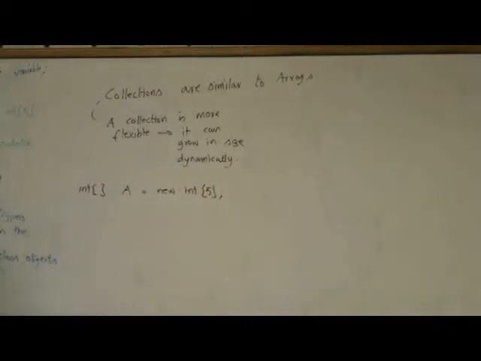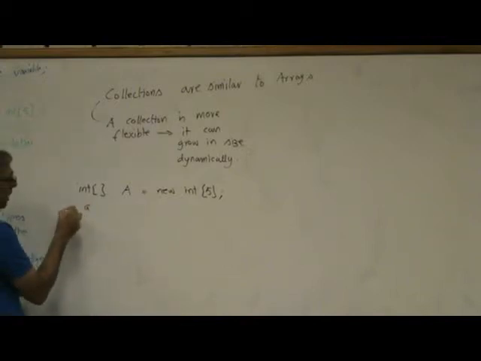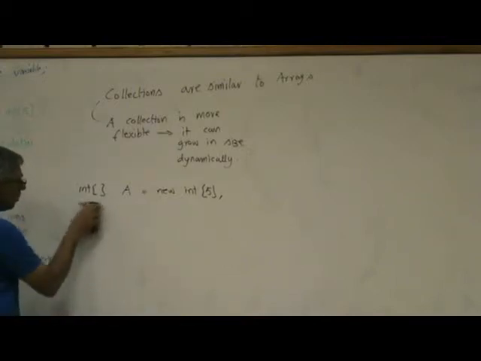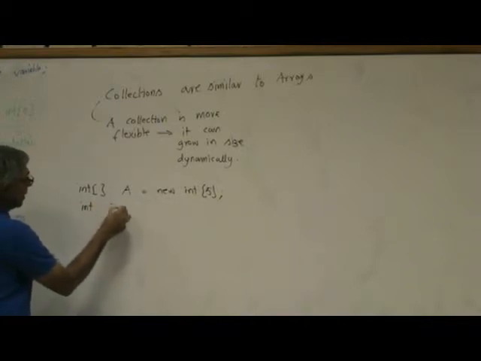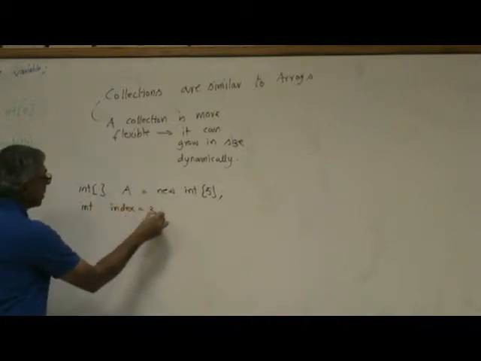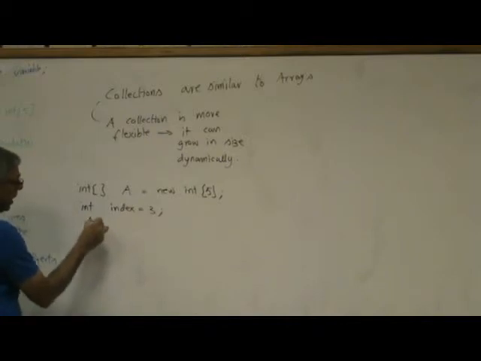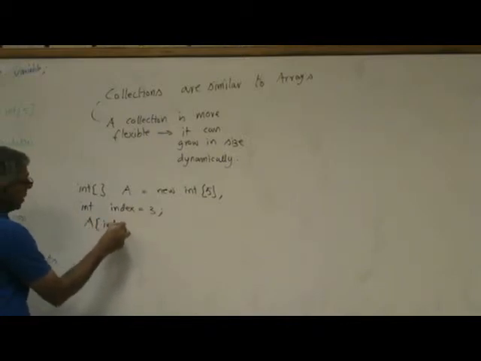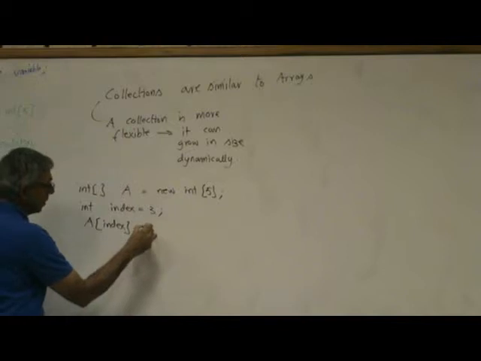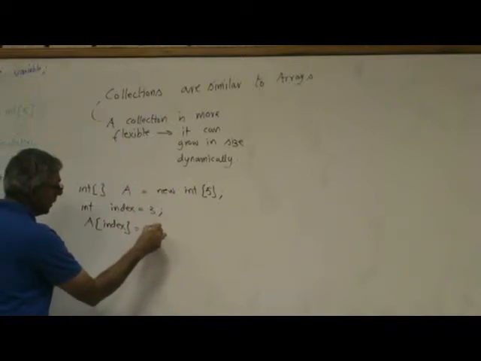Then you declare some variable, let's say int index equal to 3, and then you say A of index equal to, let's say, 27.